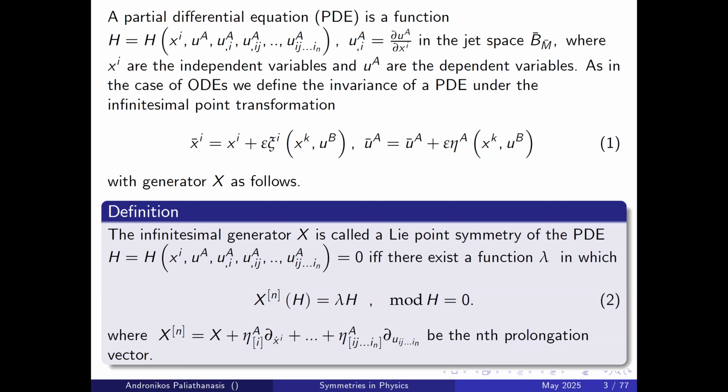We shall say that the generator X of the transformation is called a Lie point symmetry of the PDE if and only if there exists a function lambda such that the following condition is true. This is exactly the same definition as in the case of ODEs or functions.